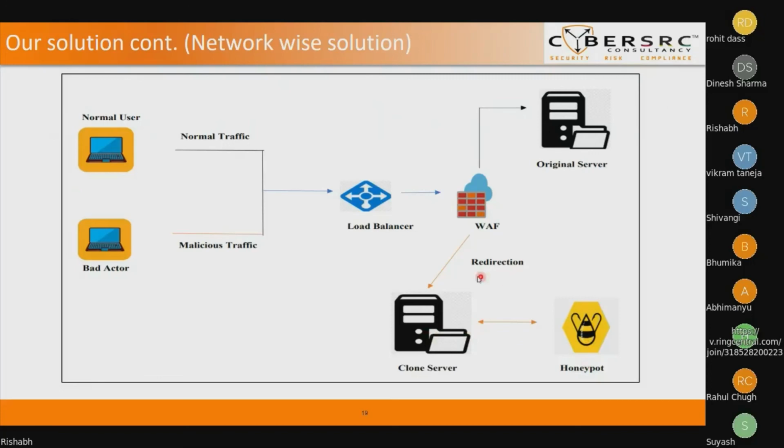This area and this area are divided into two parts. In a bigger picture they are in the same network, but we have created micro networks among these so that the clone server is not directly connected. And yes, if the attacker is very professional, he may use pivoting technologies like a proxy server or SOCKS server to move from here to there.